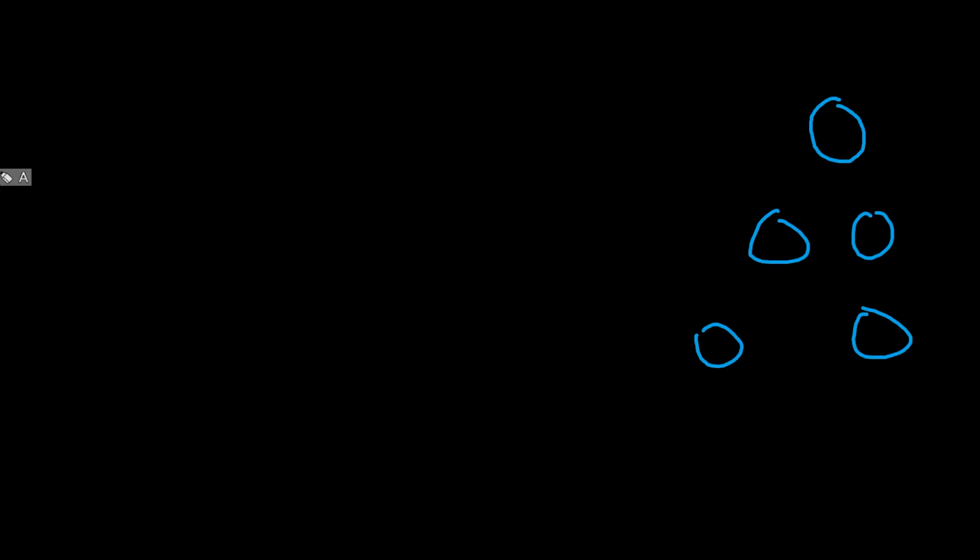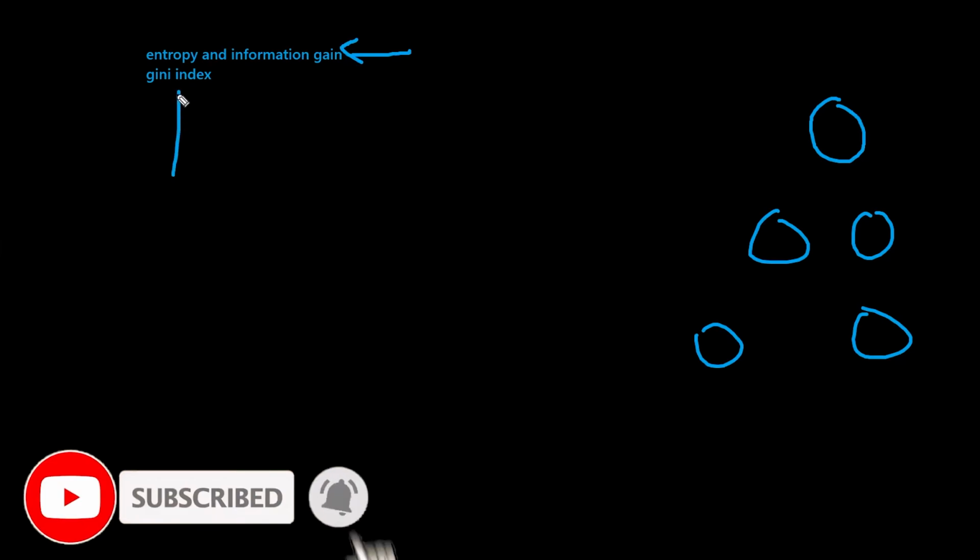The first method is entropy and information gain, and the second method is the Gini index. So we can make a decision tree on the basis of both of them. For our tutorial we are going to use entropy and information gain, but I'm going to tell you how you can also do it with the Gini index at the end of the tutorial.